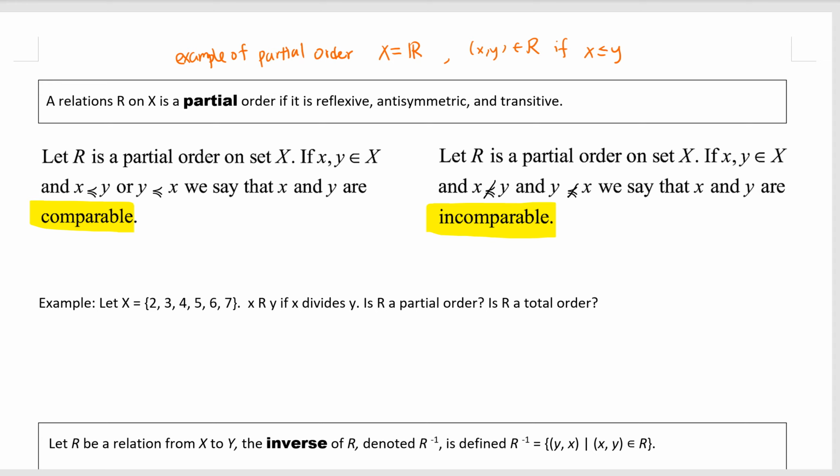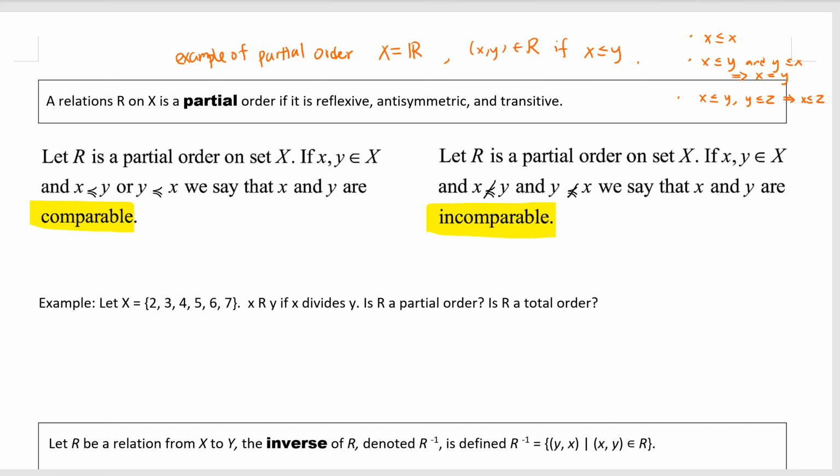It is reflexive because for all elements, we know x is less than or equal to x. It's anti-symmetric. If x is less than or equal to y and y is less than or equal to x, then we know that x must be y. And it's transitive: if we have x less than or equal to y and y less than or equal to z, then we have x less than or equal to z.